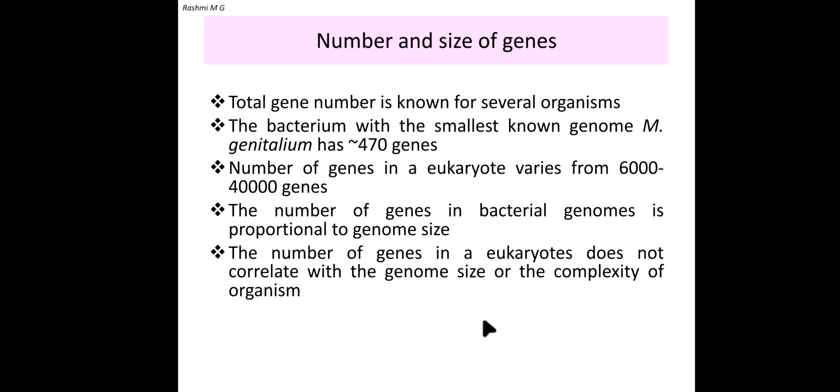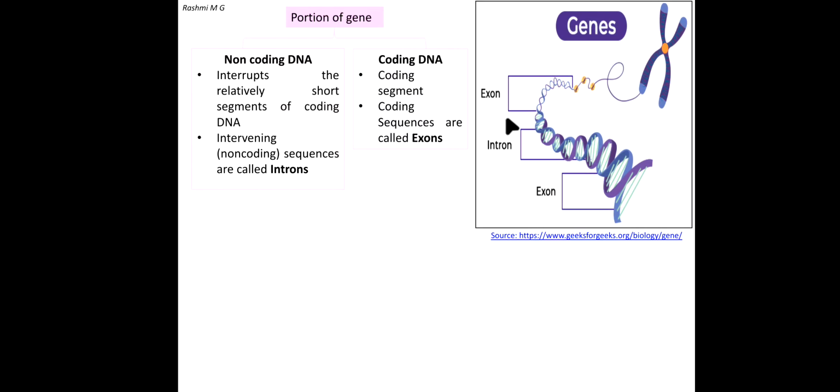So number and size of genes was also discussed. The portions of genes were discussed: the non-coding, which is known as intron, and coding, which is known as exons. So non-coding does not code for anything. It is an intervening sequence between the exons, and for further modifications, excising or intron cutting will be happening.